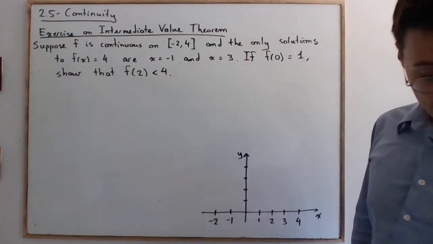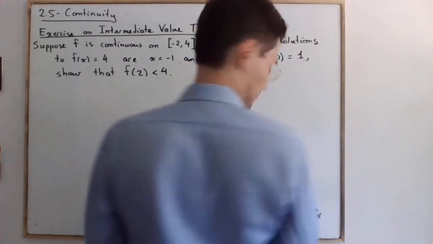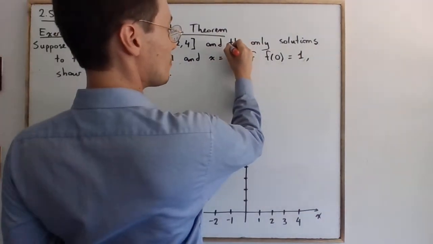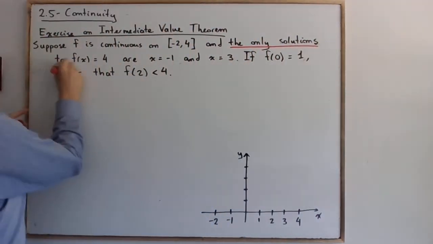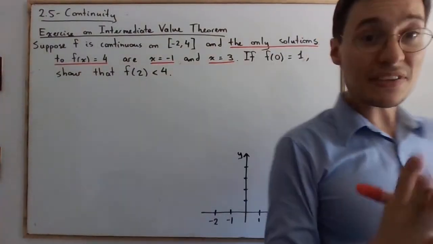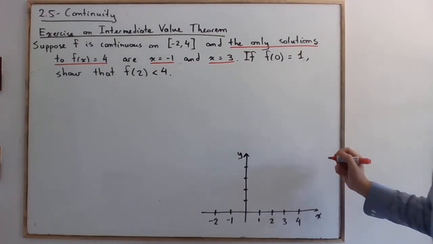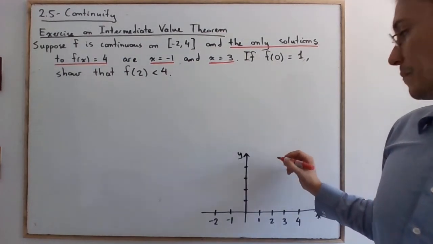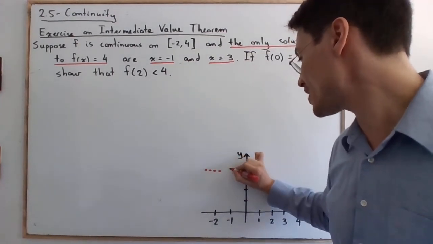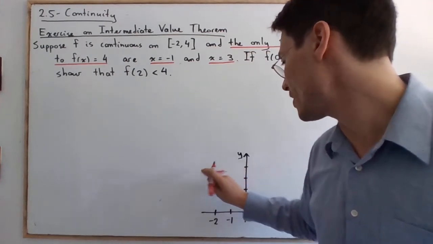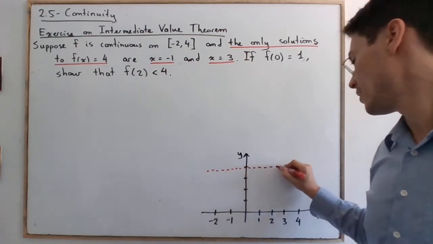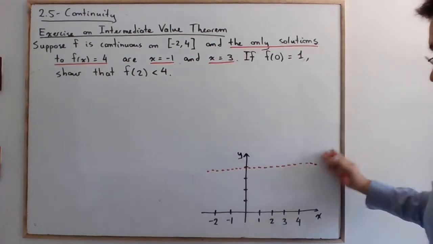Okay, so what information do we have? We have that the only solutions to f of x equals 4 are -1 and 3. So what does it mean? The function that is just 4 is actually just the horizontal line going through 4.